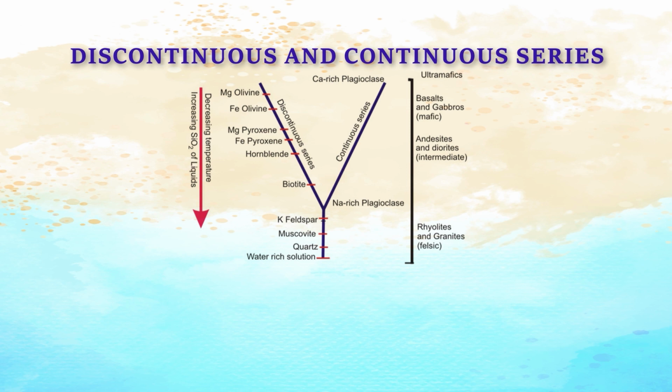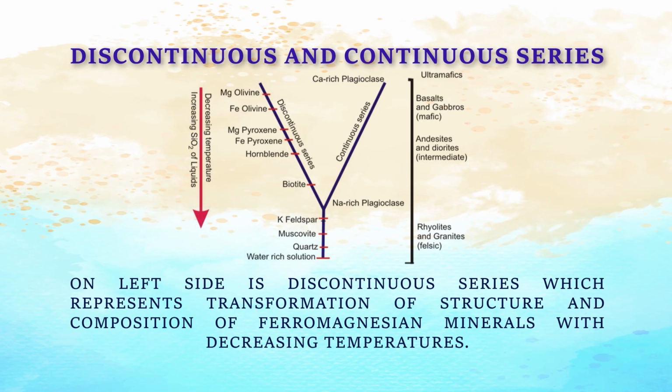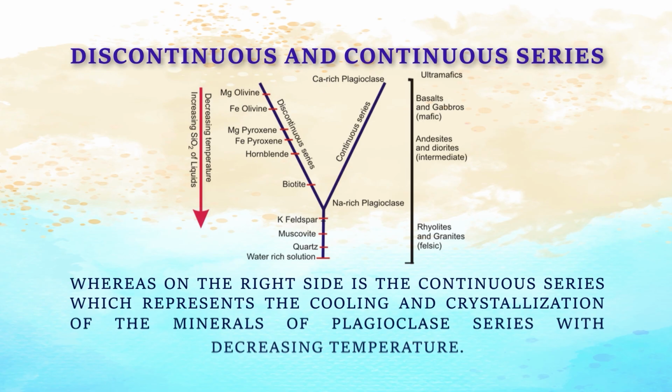In the previous slide, we had discussed that on your left was the discontinuous series, comprised of different minerals, and on your right was the continuous series, comprising plagioclase mineral with varying calcium and sodium percentage. In this series, the minerals are so arranged that each is supposed to react with the magmatic fluid so as to produce a new mineral placed below it.